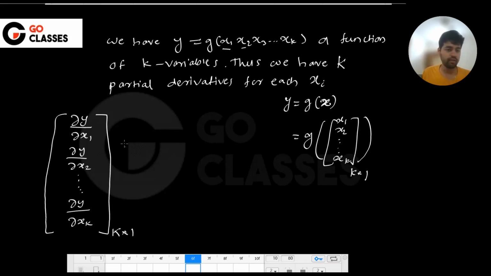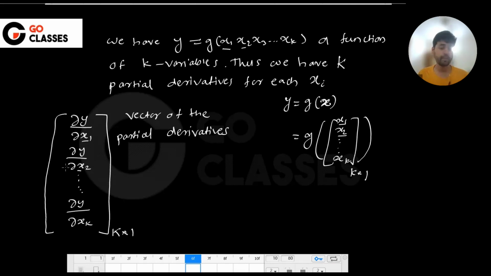So this is the vector of the partial derivatives, where the first dimension is the derivative with respect to x1, the second is the partial derivative with respect to x2, and so on, right? So this is what we call the gradient.